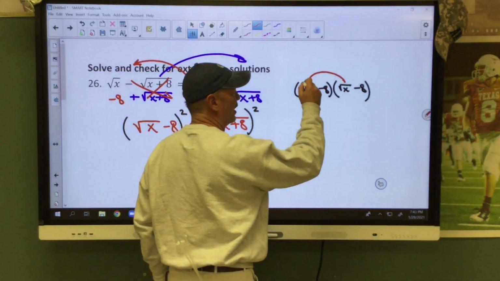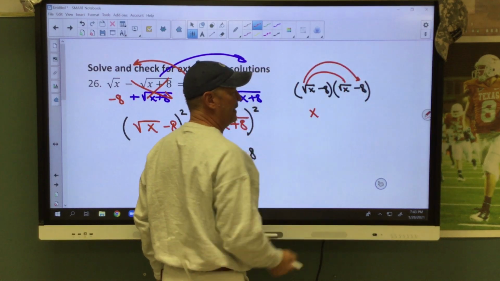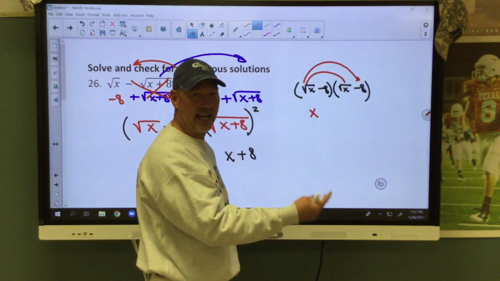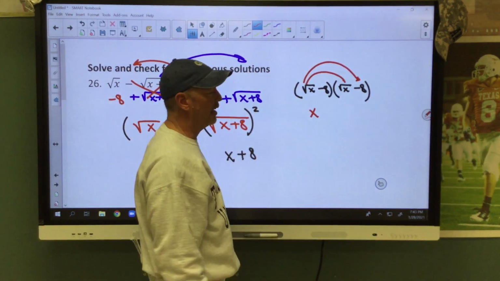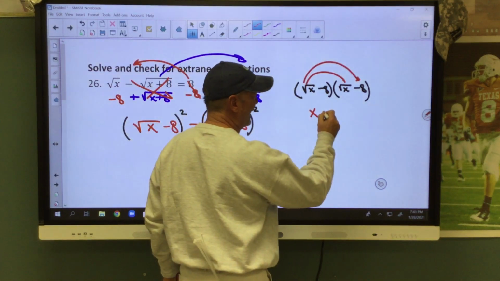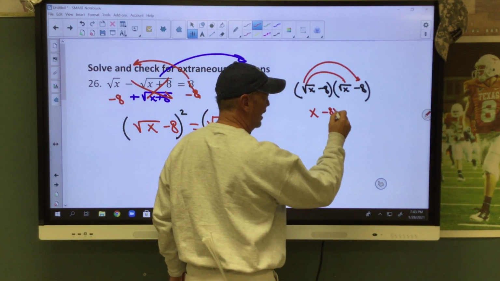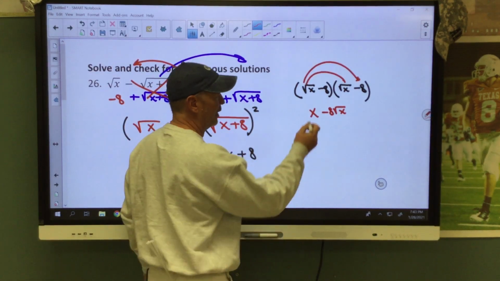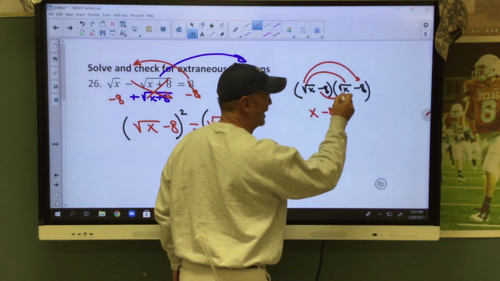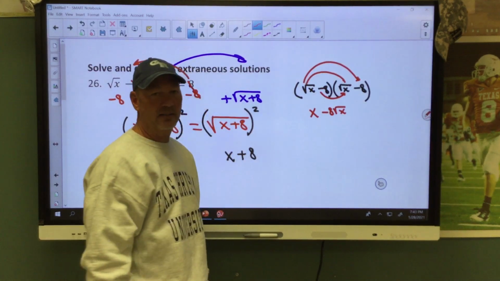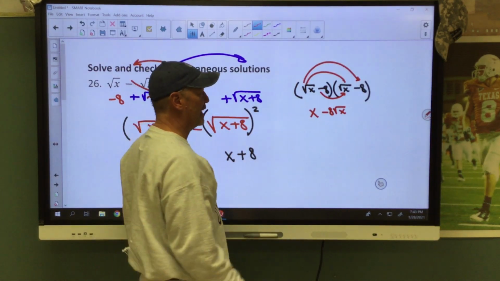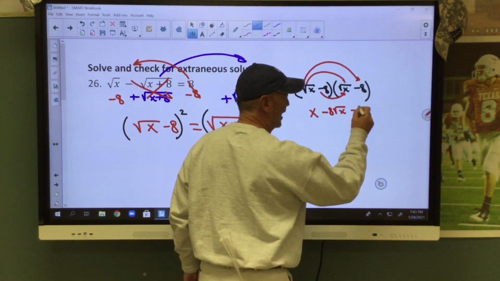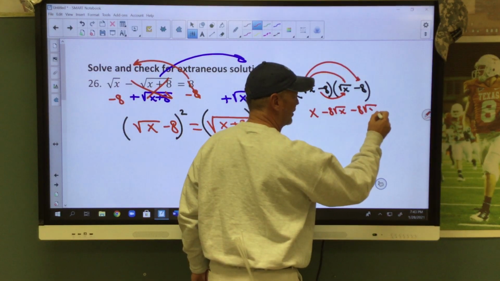The square root of x times negative 8, outside stays outside, inside stays inside. This will give me negative 8 square roots of x. Now we come over here inside, and we say negative 8 times the square root of x. That gives us another negative 8 square roots of x.